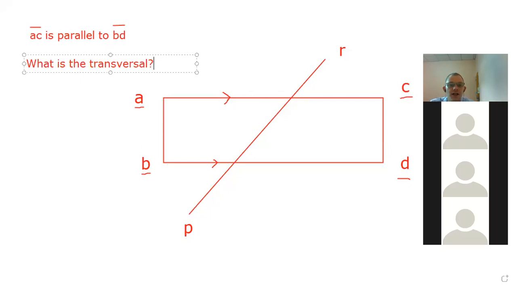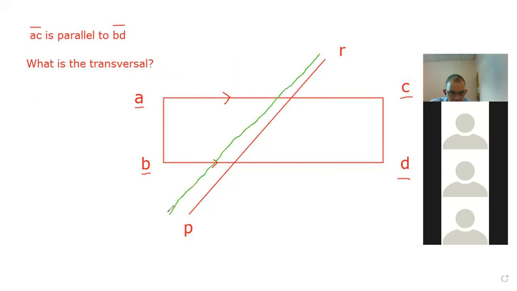The transversal is the line that is intersecting the two parallel lines. So if I draw a circle around it, the transversal is the following.